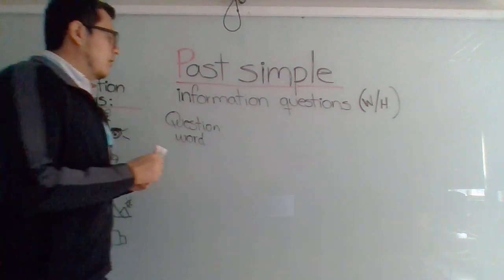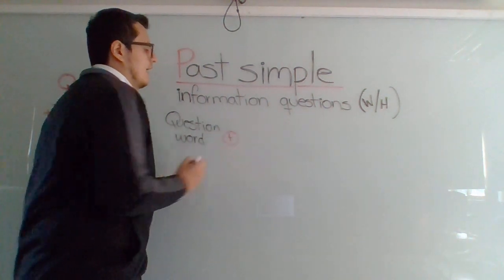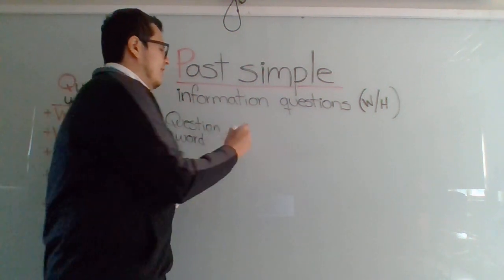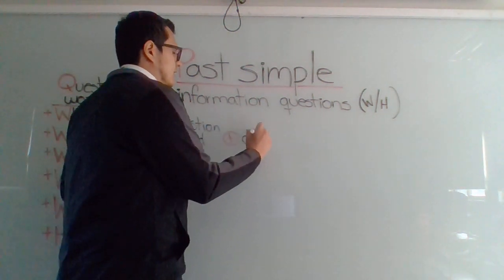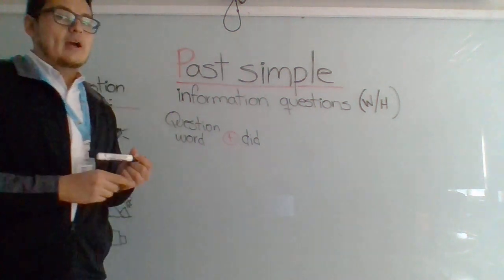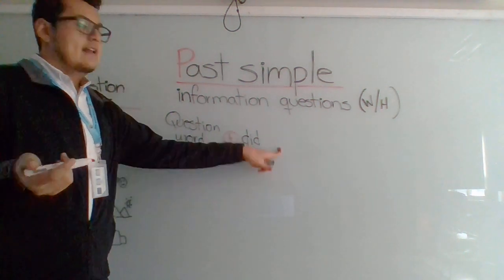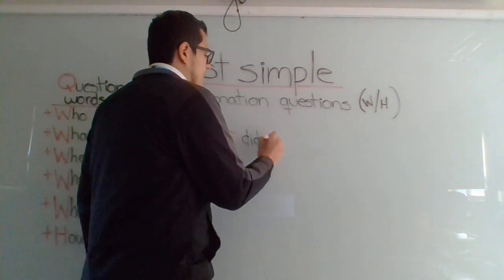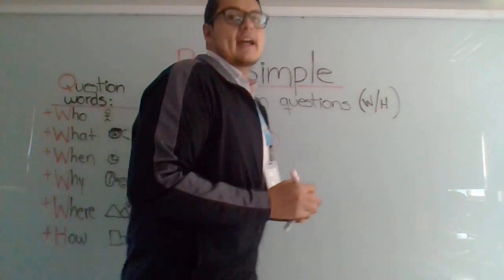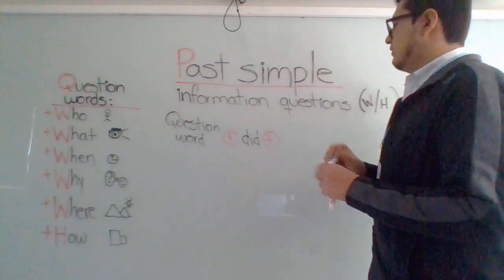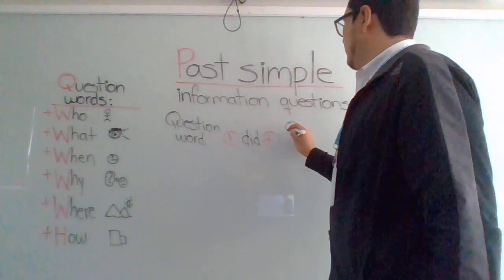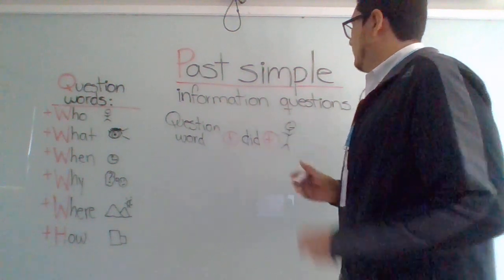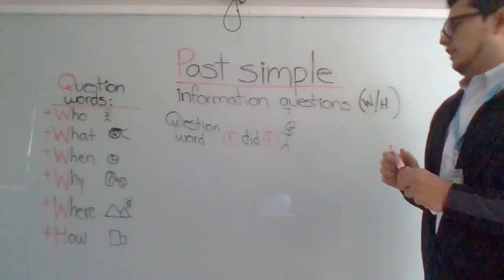After the question word, we need our auxiliary, which is, tell me, did. Yes, did. What did, or when did, or who did, or why did. Next, I need my what? What do you think is next? The subject. Right now we need the subject. So I'm going to draw one person here, the subject that looks sad.